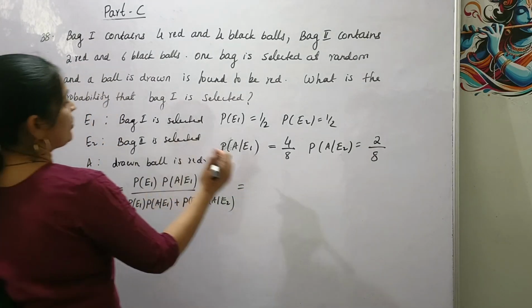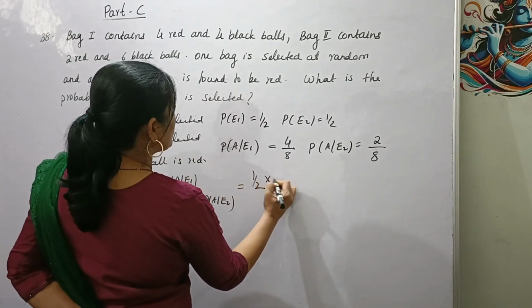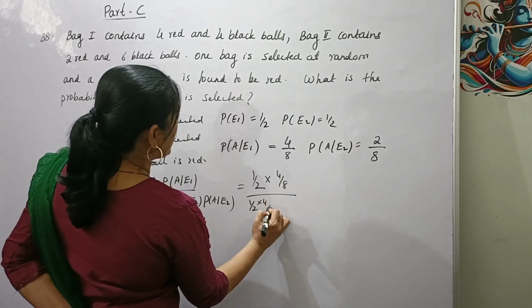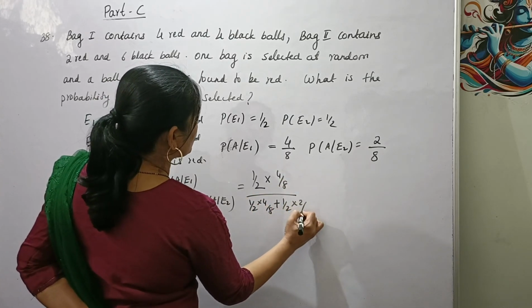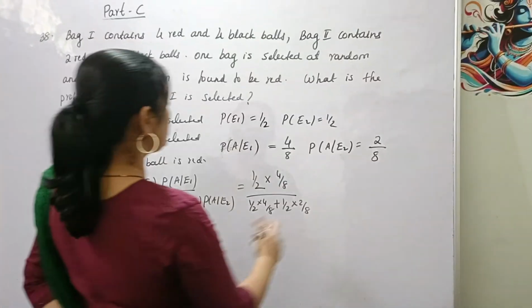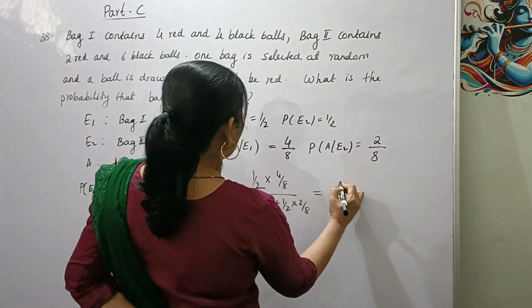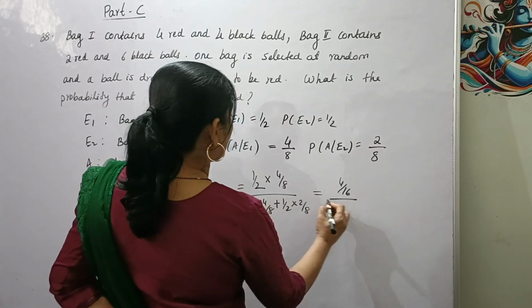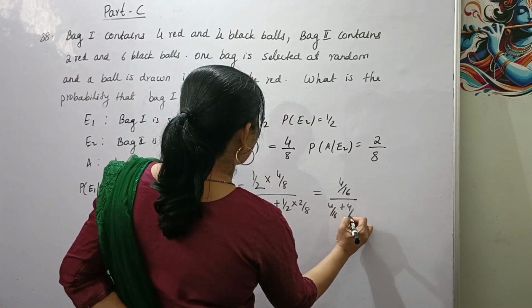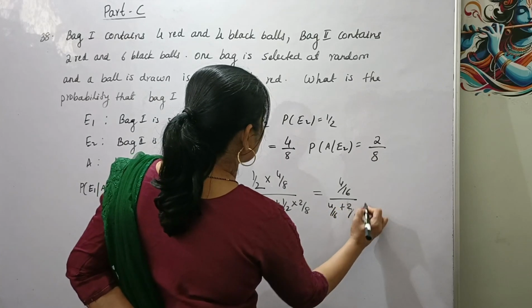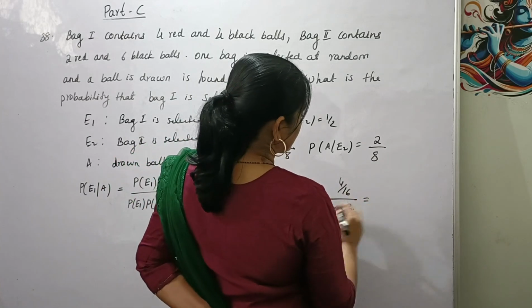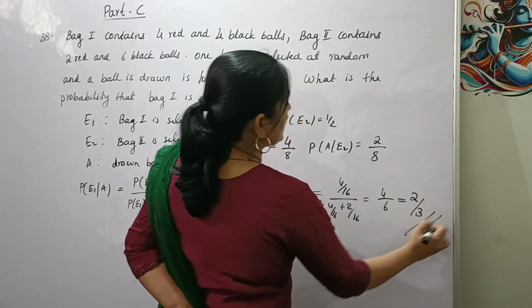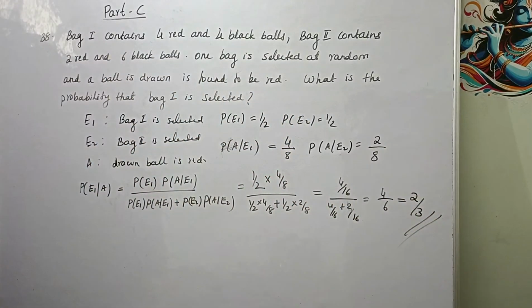Substitute probability of E1 1 by 2 into 4 by 8, divided by 1 by 2 into 4 by 8 plus 1 by 2 into 2 by 8. That is equal to 4 by 16 divided by 4 by 16 plus 2 by 16, the 16 cancels. So 4 divided by 6, that is 2 by 3. The required probability is 2 by 3.